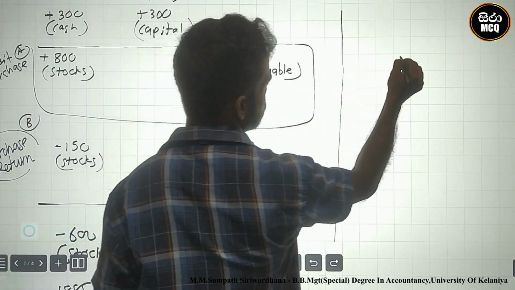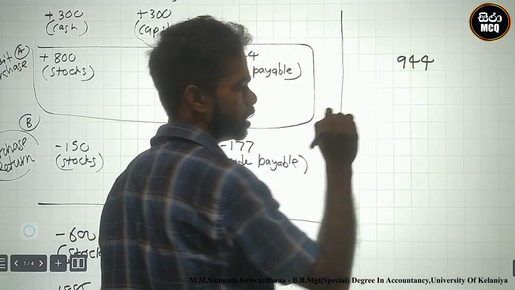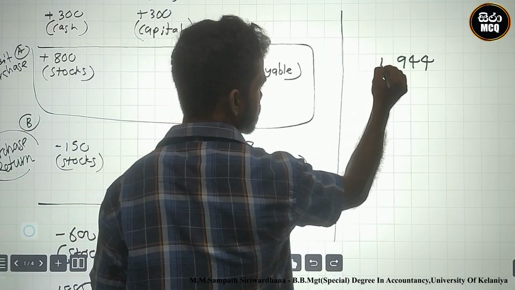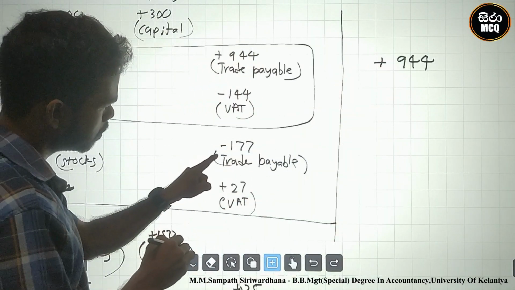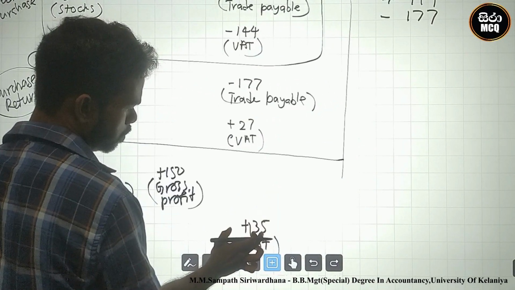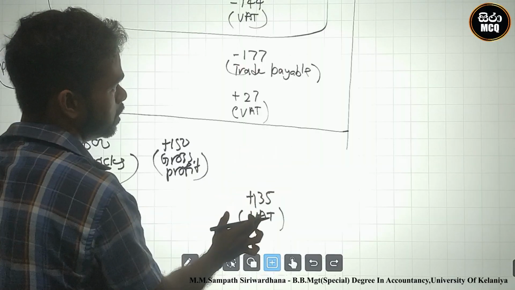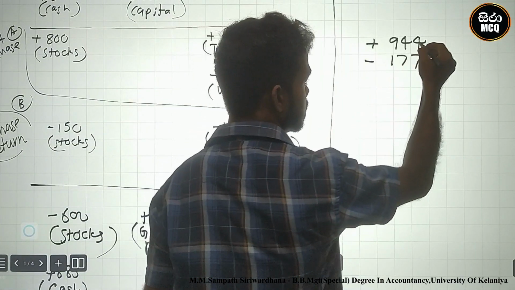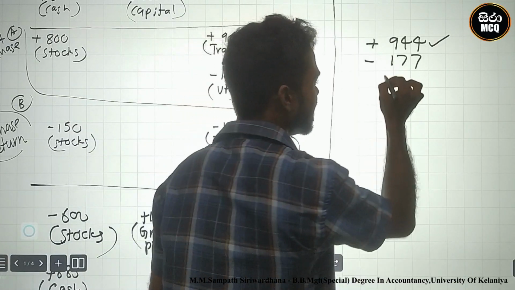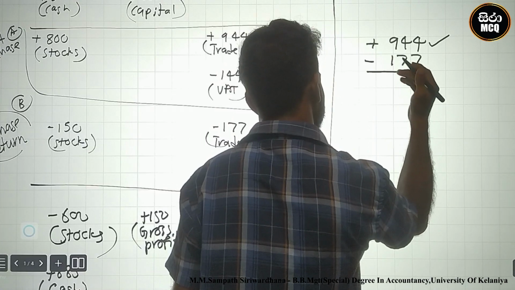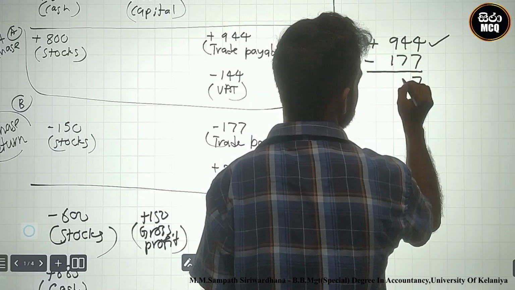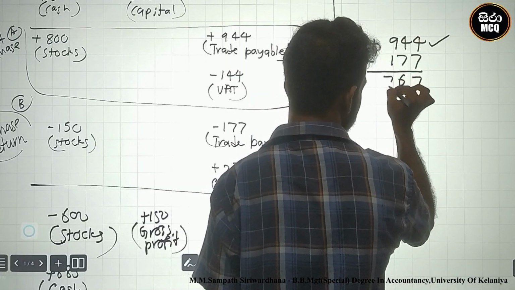Trade payable must be identified with VAT, 944 plus. After that trade payable deduct 177, there is no impact to VAT on trade payable. This is the remaining payable balance. Firstly we must pay 944, after that return outward, and then we deduct and identify the remaining balance of trade payable.